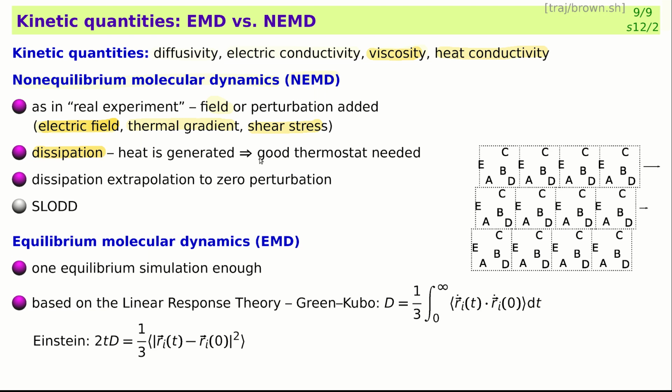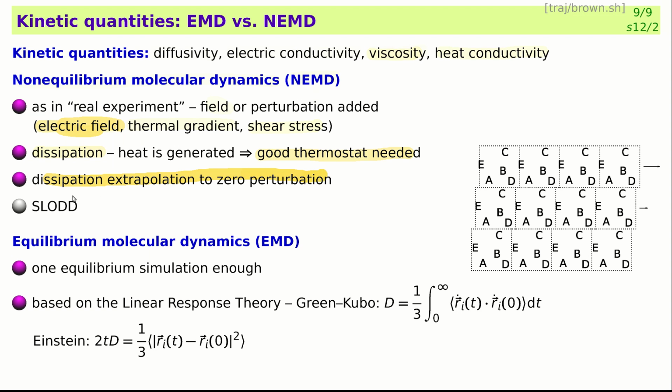But from the point of simulations, it means that I need a thermostat, because otherwise the system would heat up. Also, the problem is that if I apply a realistic electric field, I don't calculate anything in a simulation. I must apply a huge field or huge gradient and so on. Then I must extrapolate to zero perturbation.